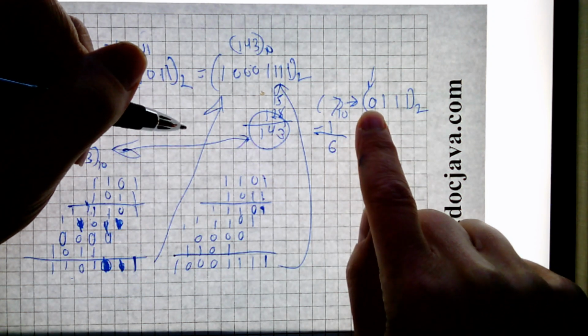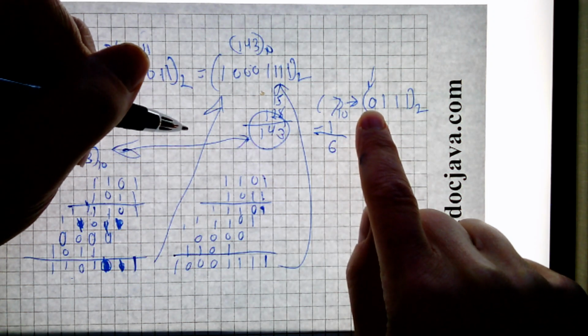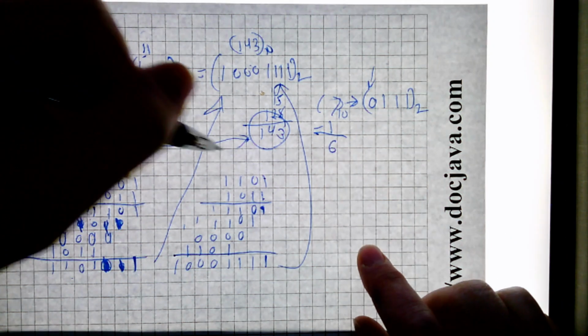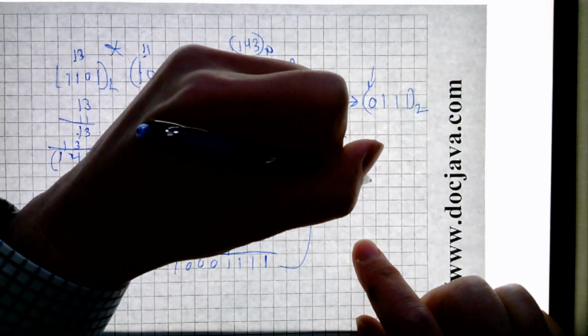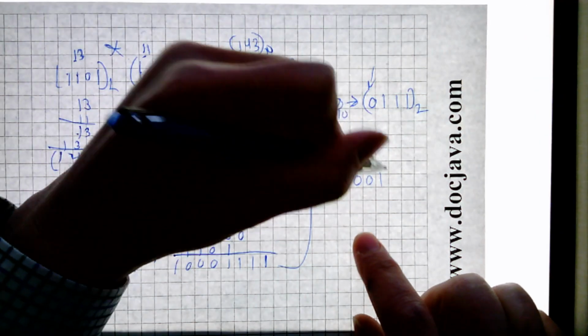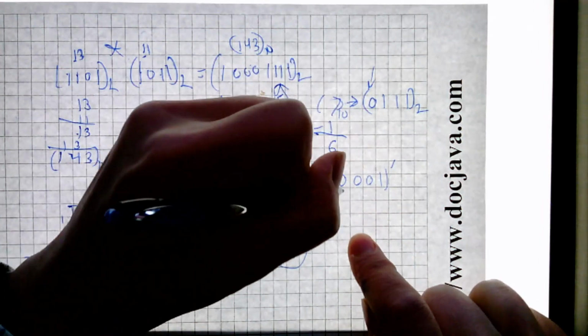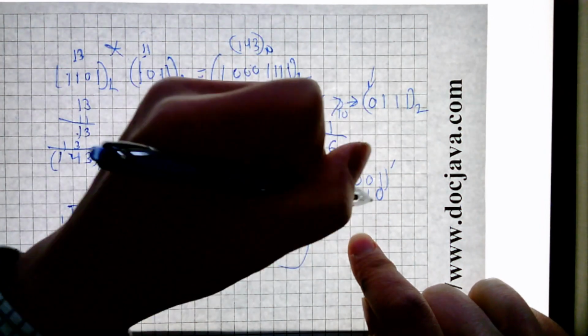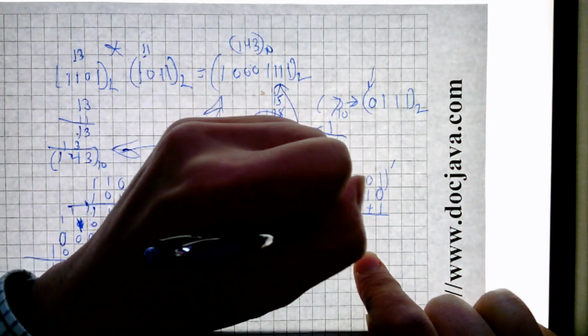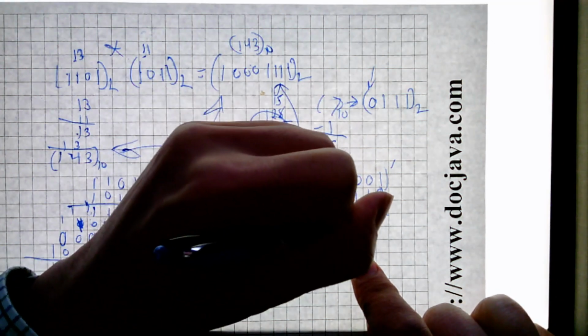And that 0 shows that it's positive. Then comes 0, 0, 0, 1. That's a 4-bit representation of positive number 1. We convert that to 2's complement, and we get 1, 1, 1, 0. Then we add 1, and we get 1, 1, 1, 1.